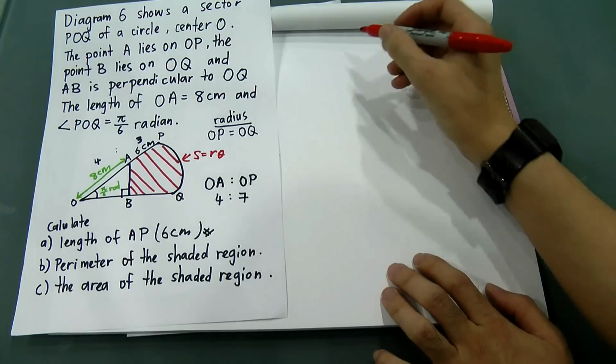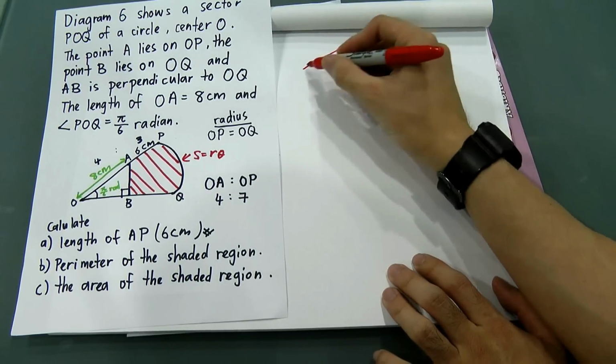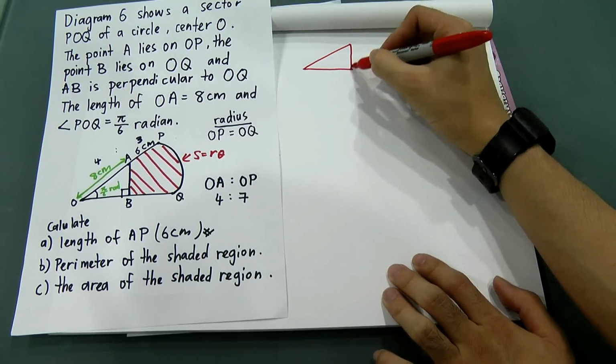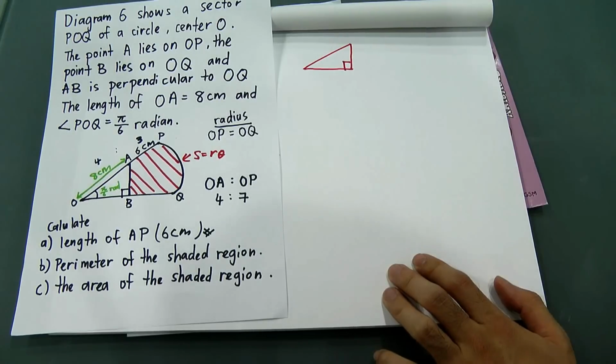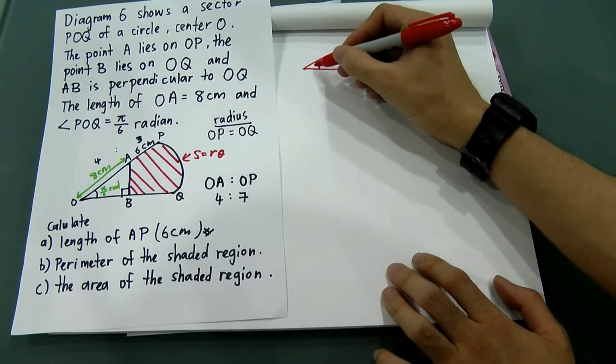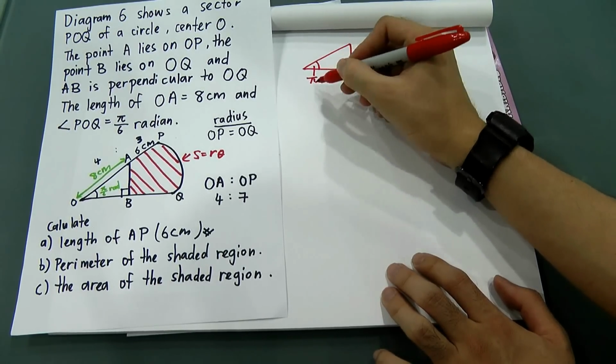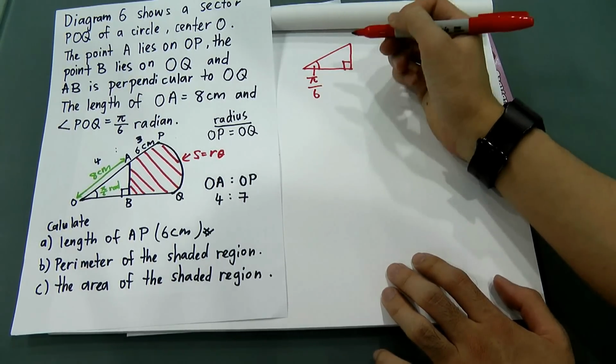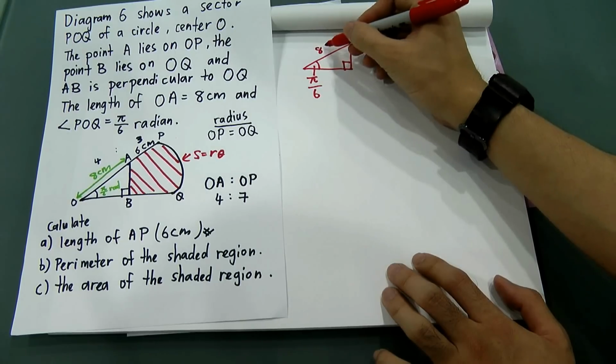So I just draw out the same triangle here. Using trigonometry, the triangle must have a 90 degree angle, and the given angle here is pi over 6, and here is x centimeter.